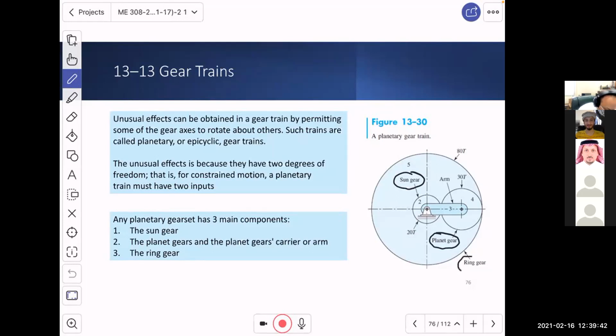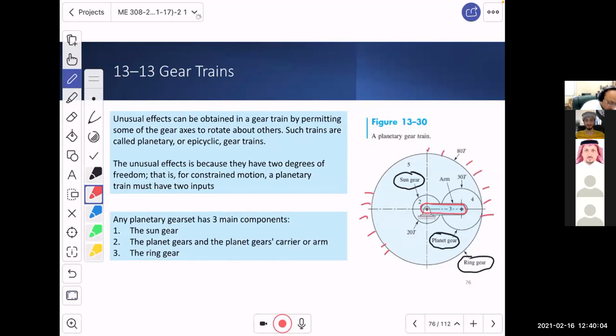And then we have the ring gear, which is like the outer cloud, or the boundary of the solar system. There is an arm which is connecting these. Now the interesting part comes here. You can actually fix one of them. Of course, each one has a different number of teeth, and the arm has no teeth, it's just an arm.